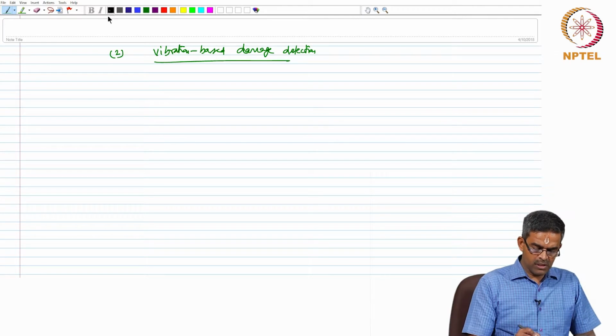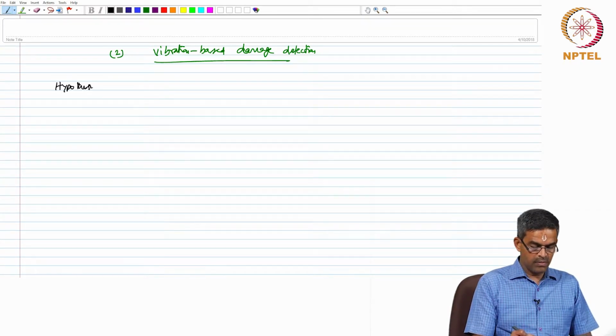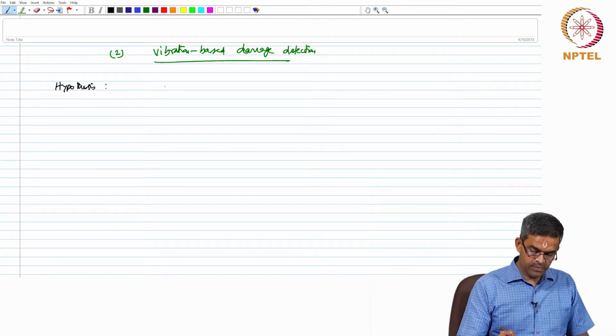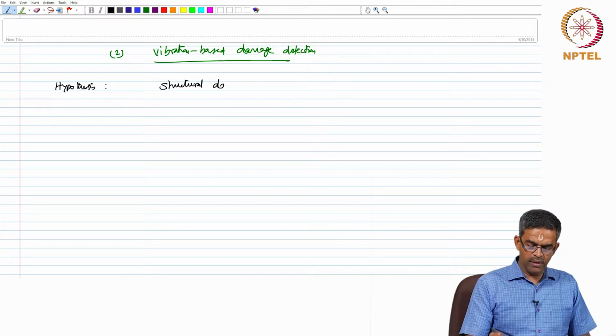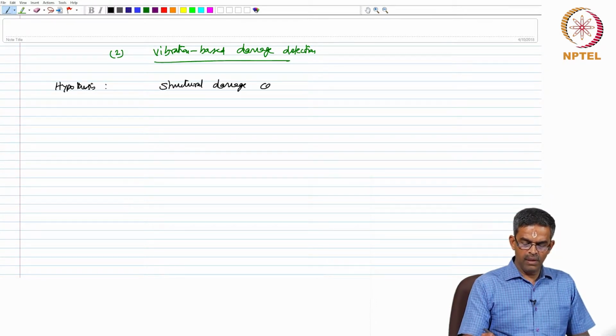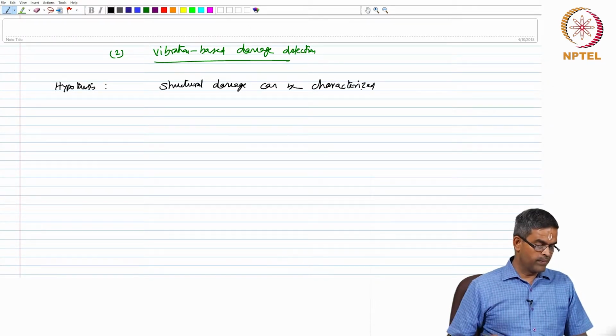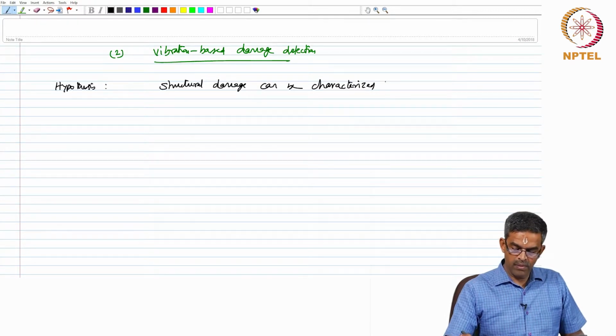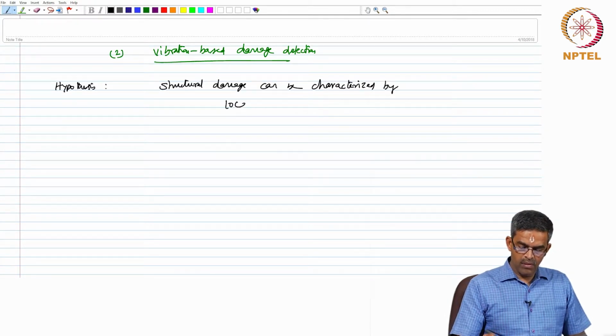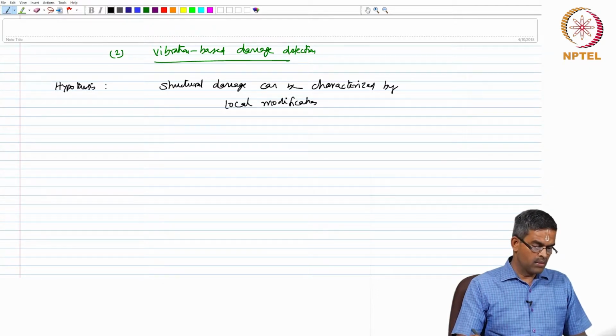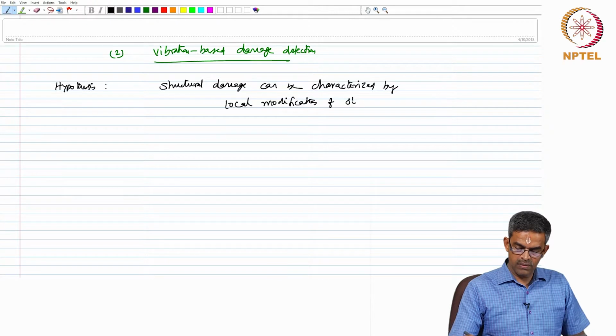The hypothesis behind this method is that structural damage can be characterized by local modification of stiffness.